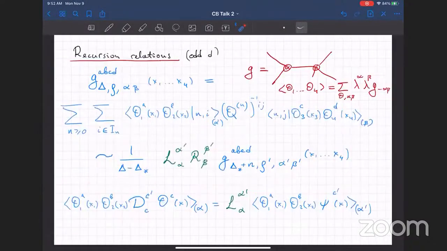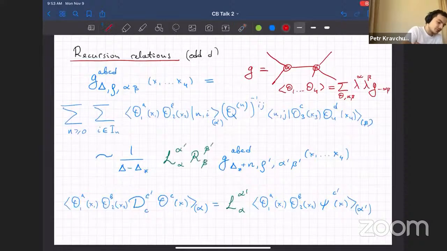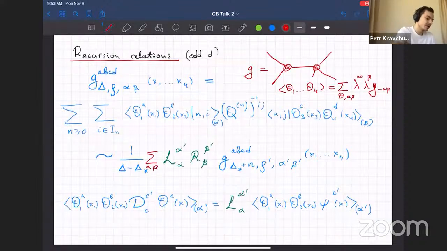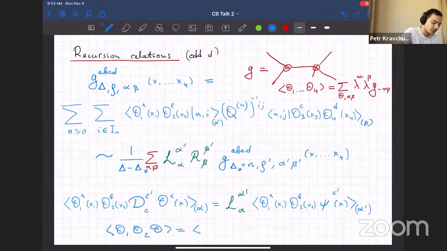No, they're different, so maybe I should write it explicitly. There's a sum over alpha and beta, and the way you can describe this is, imagine that the physical 3-point function of O1, O2, and O is just equal to one basis 3-point function.